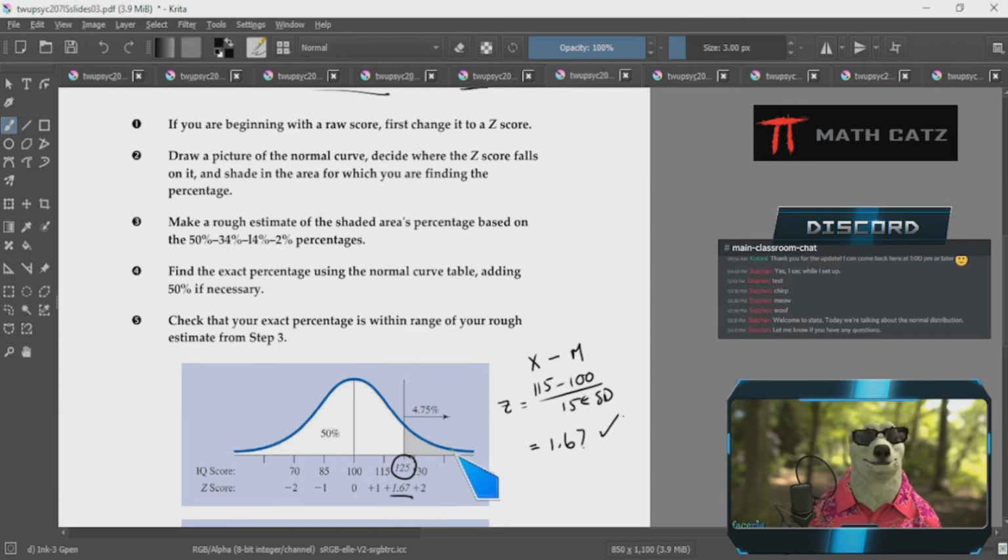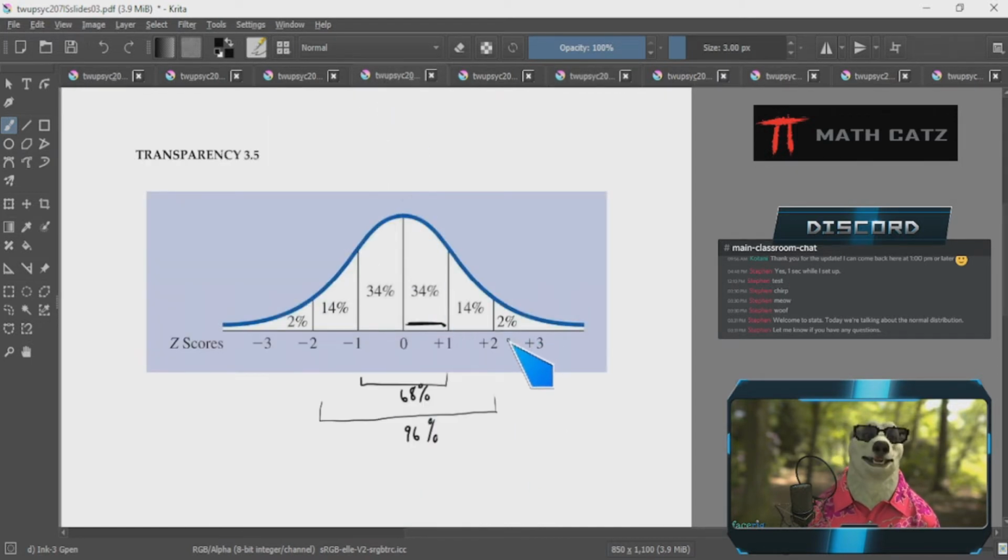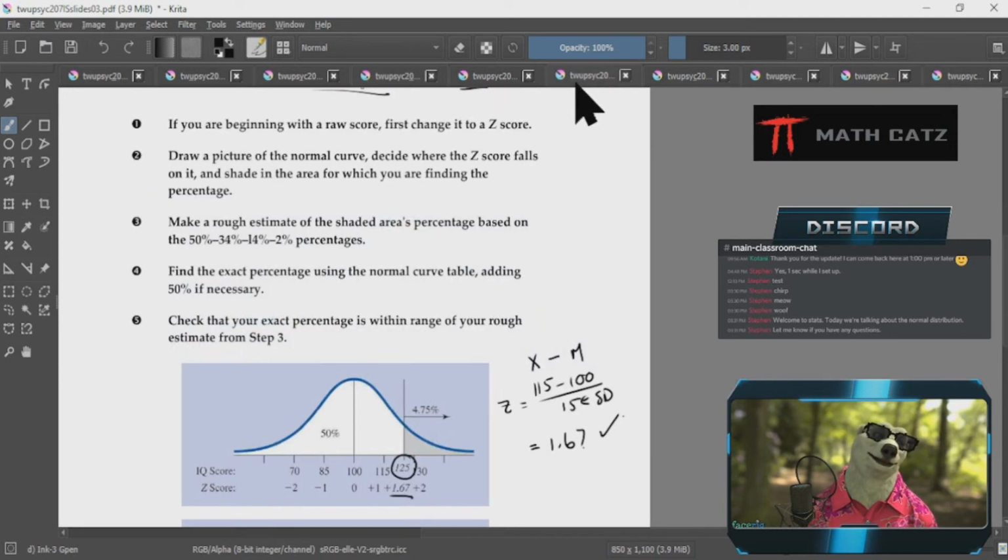Then it's not necessary, but especially in the beginning, it is very helpful to draw a picture of the bell curve. Have a rough idea of where this 125 sits, and therefore the 1.67 z-score. Color in some area for what I'm trying to find. Maybe I'm trying to find this tail, this area to the right. We're making up a question. Now, using my 34, 14, and 2 that I hopefully memorized, but it's not crucial, I can get an idea.